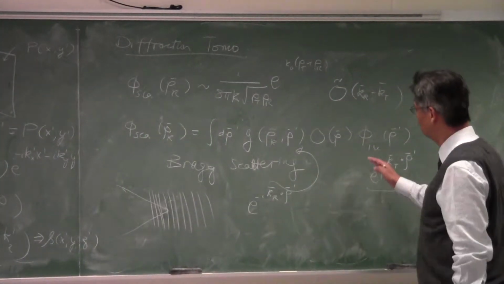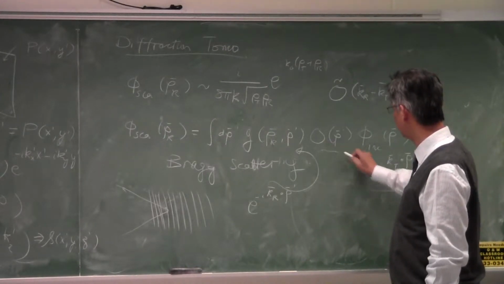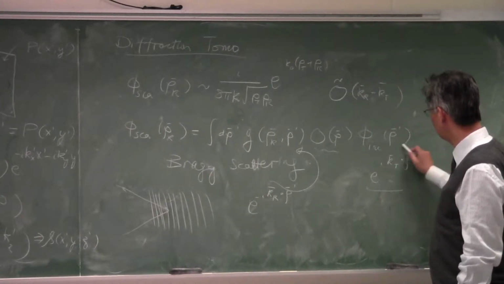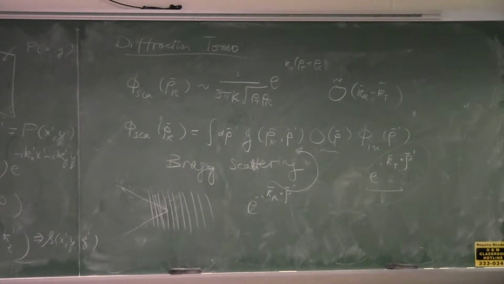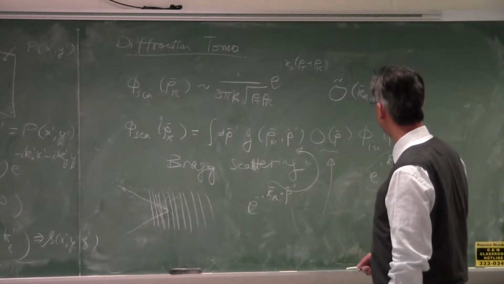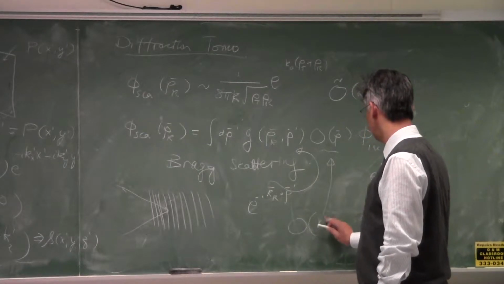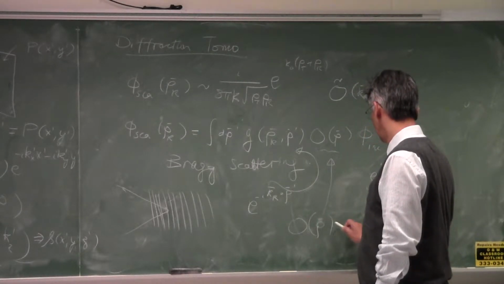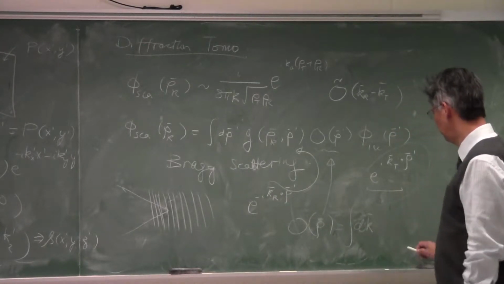You think of this in Born approximation. So you're actually modulating the object with an incident wave. Okay, you're modulating the object with an incident wave. So you can think of this object being written as a linear superposition of gratings of some sort.